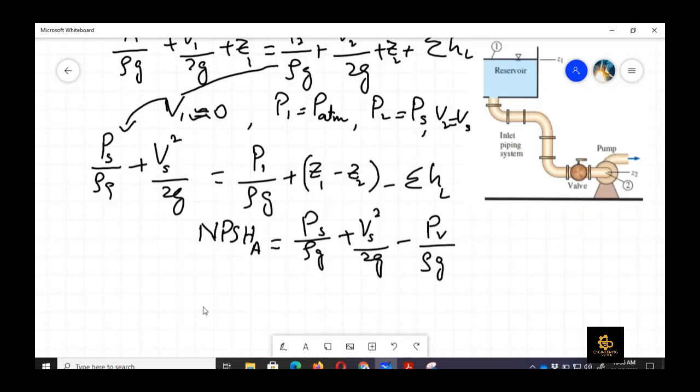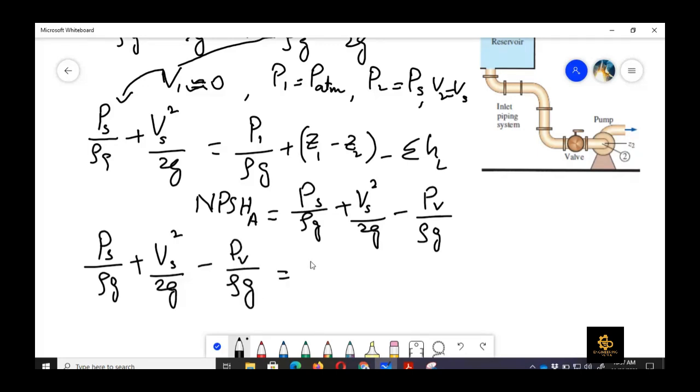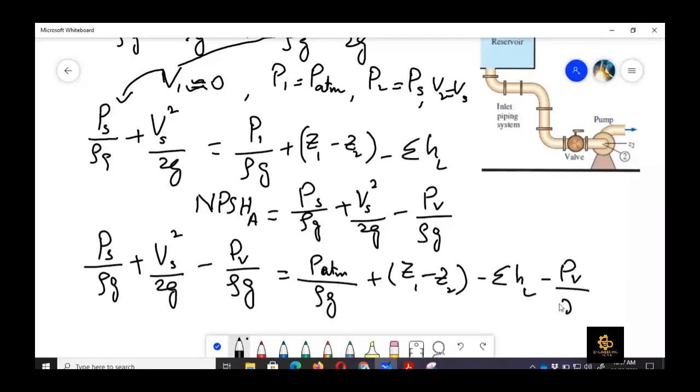If we do that, then Ps upon rho g plus Vs square upon 2g minus Pv upon rho g is equal to P1, which is P atmospheric in this case, upon rho g plus Z1 minus Z2 minus HL minus Pv upon rho g.